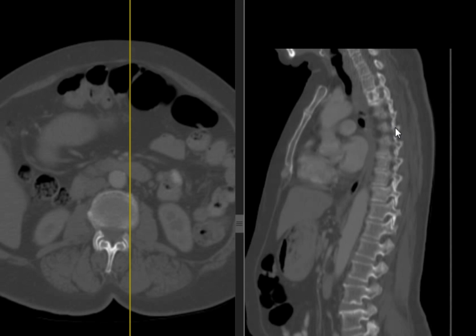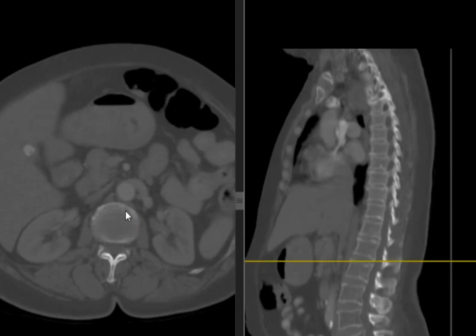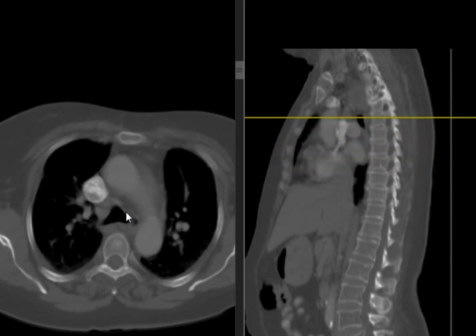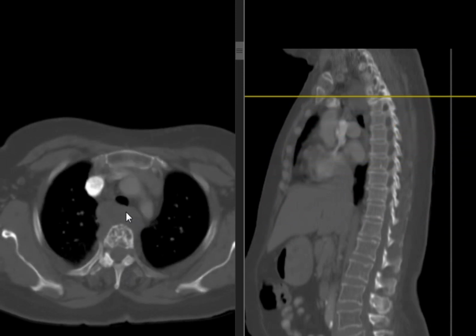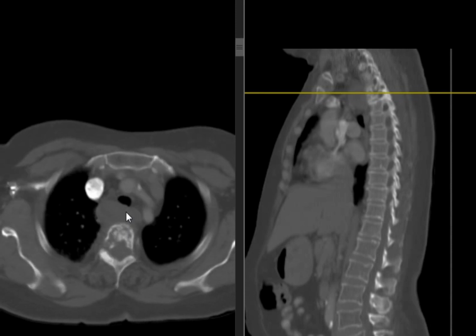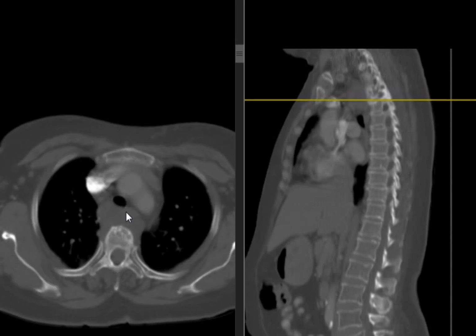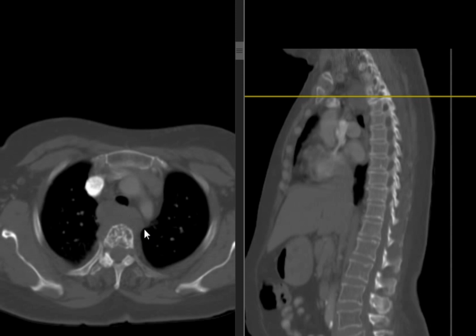Mixed lytic and sclerotic, destroying the vertebra. What else? There's a big prevertebral soft tissue component compressing the trachea, displacing it anteriorly, and compressing the superior mediastinum.